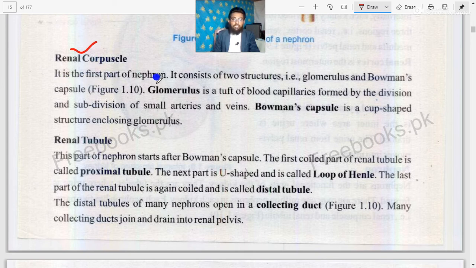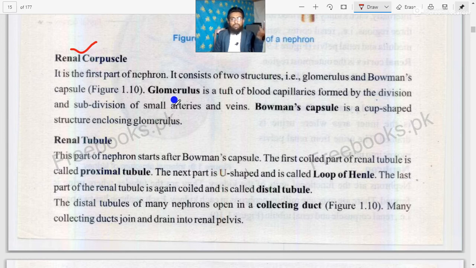It consists of two structures: glomerulus and Bowman's capsule. These are the two structures included in the renal corpuscle.